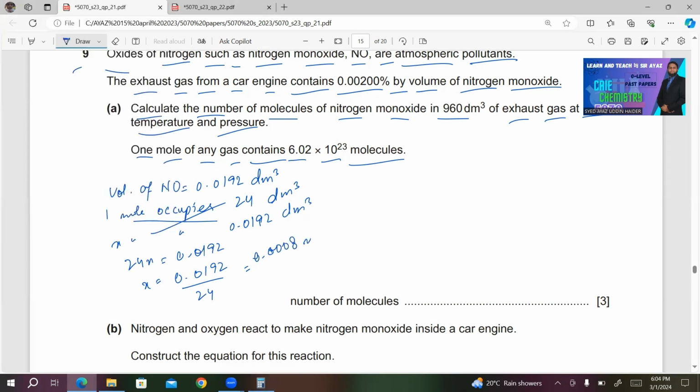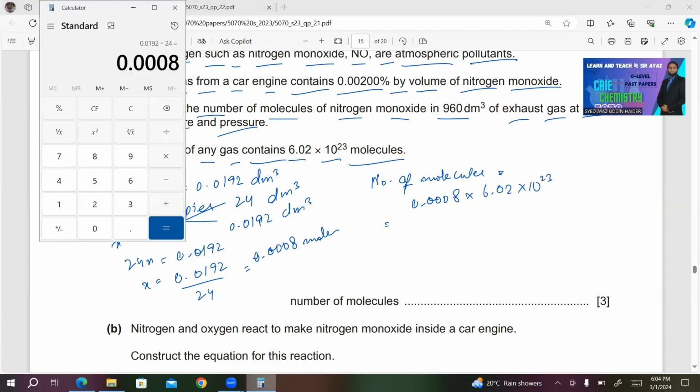0.0008 moles of NO. Now I need to convert this into molecules. So for the number of molecules, multiply moles by the Avogadro number. So 0.0008 multiplied by 6.02 into 10 to the power 23.